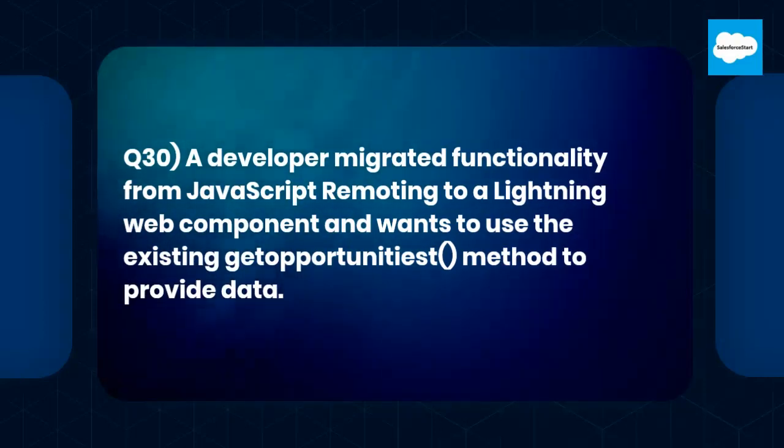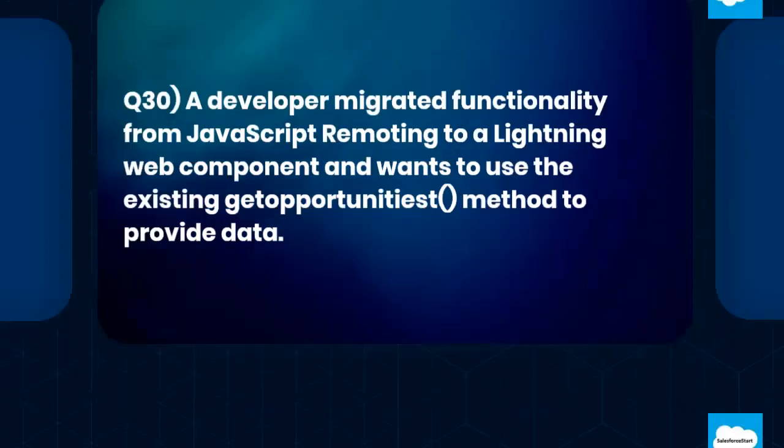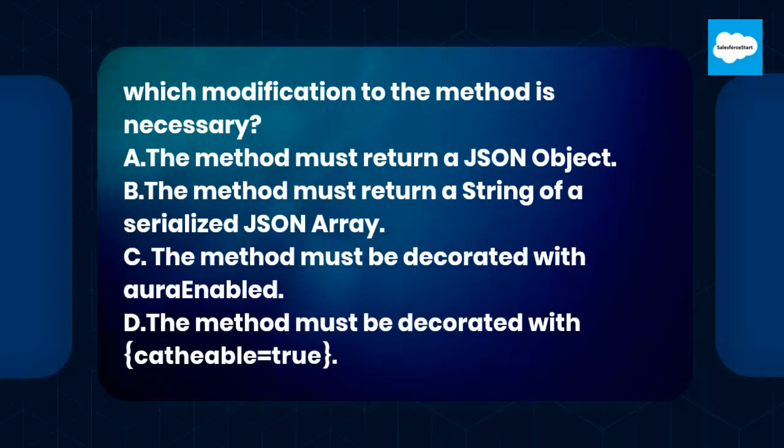Q30. A developer migrated functionality from JavaScript Remoting to a Lightning Web Component and wants to use the existing getOpportunities method to provide data. Which modification to the method is necessary? A. The method must return a JSON object.